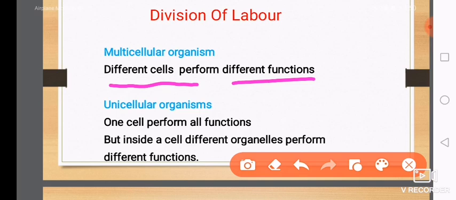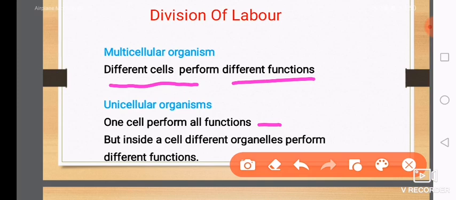But in unicellular organism, one cell is performing all the functions. Digestion also, making energy also, movement, locomotion also. Okay, so one cell is performing all the functions.